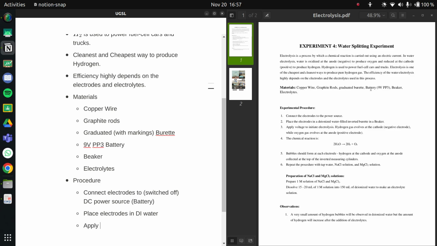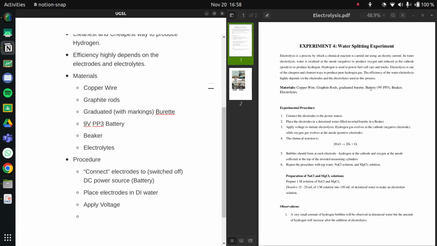So apply voltage. I don't even know what you mean by connect. I mean, if you usually connect to a battery, it just works right away. But yeah, so apply voltage. Right, observe, I guess.